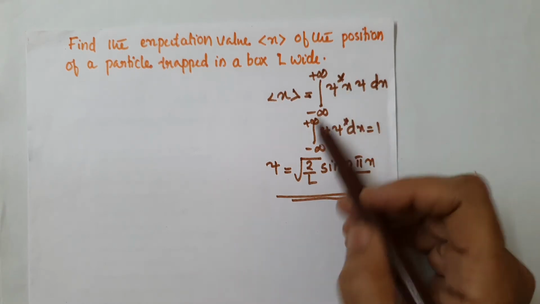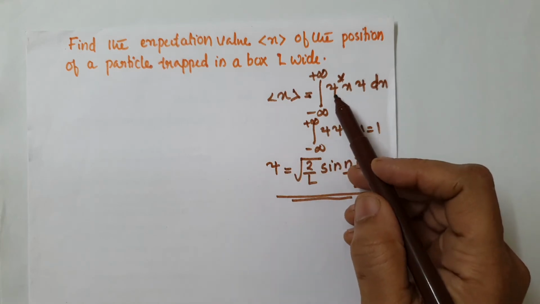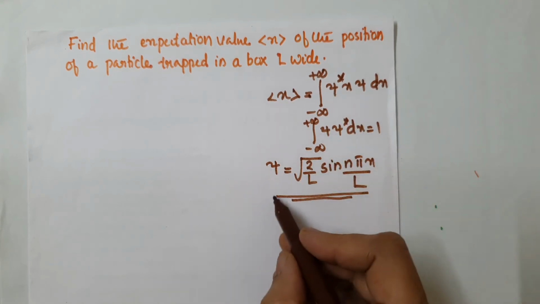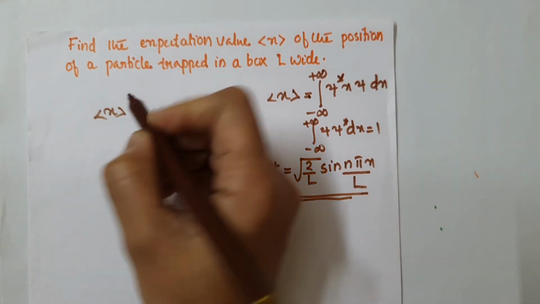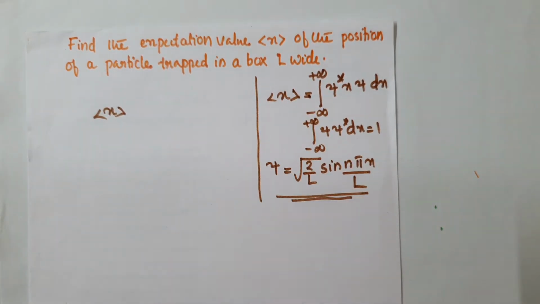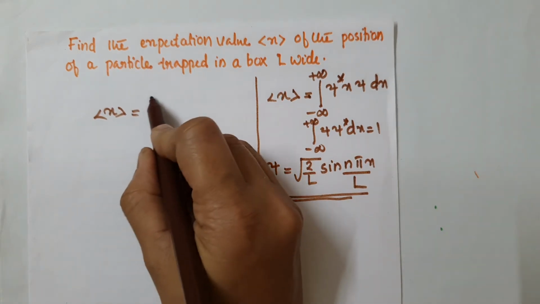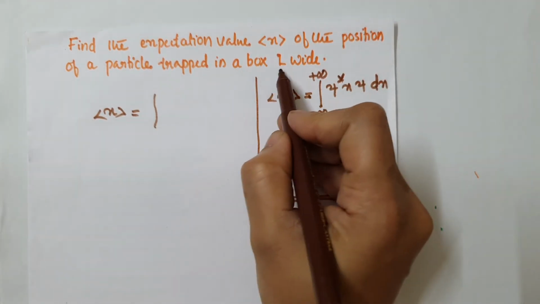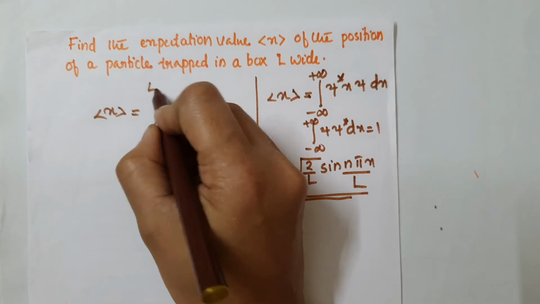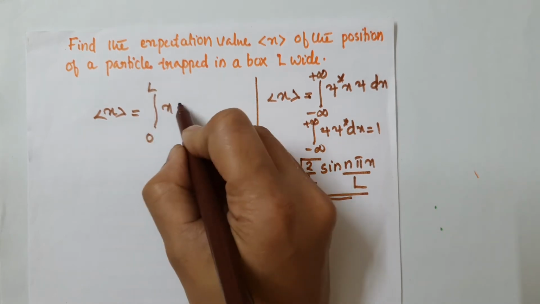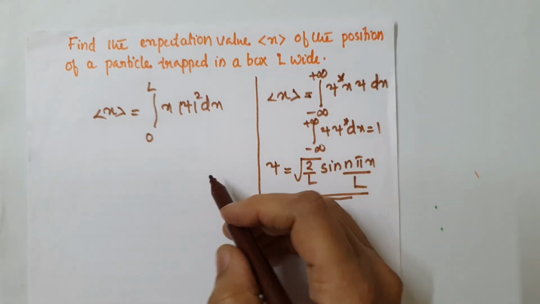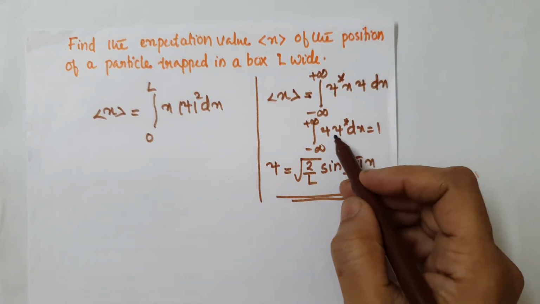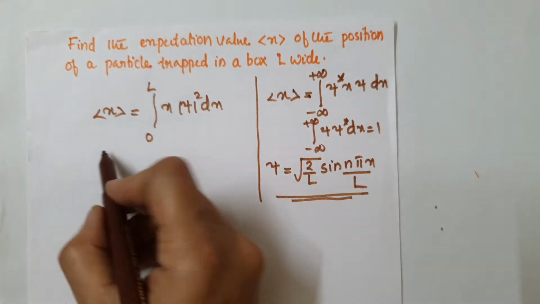Here we are using this psi value. Then the expectation value for the position of a particle x can be written as integral, the box width is L, so 0 to L, x psi square dx. Psi star psi can be written as psi square.